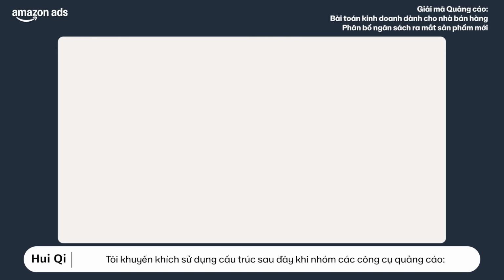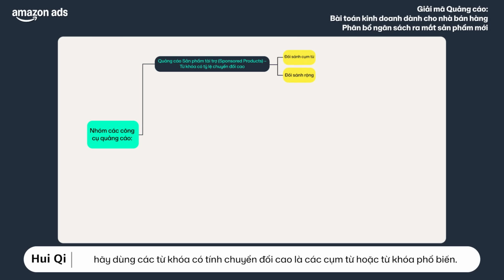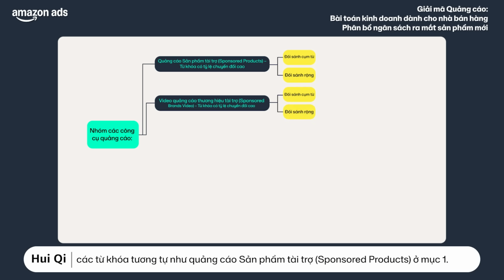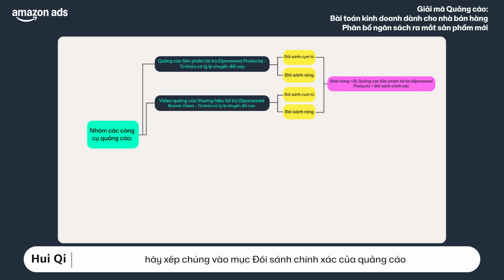I would recommend the following structure when grouping ads. Number 1. For sponsored products, use high converting keywords, which are phrase or broad keywords. Number 2. For sponsored brands video, use keywords similar to sponsored products in point 1, but if we get 3 orders and above, we place them into sponsored products exact match to optimize conversions.